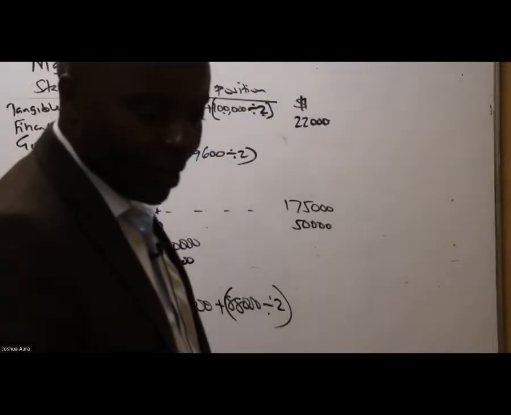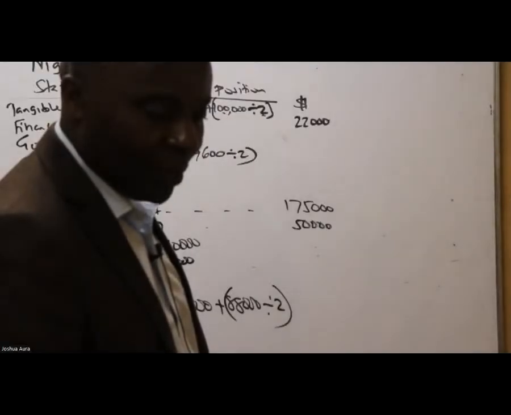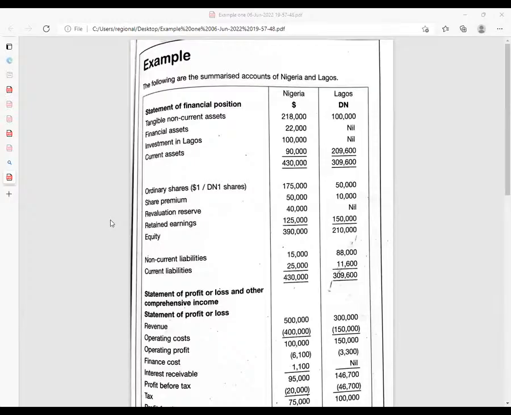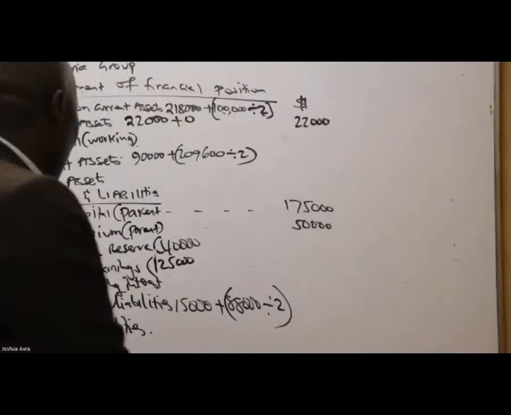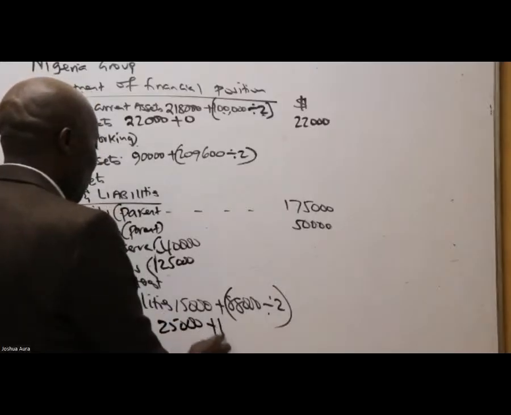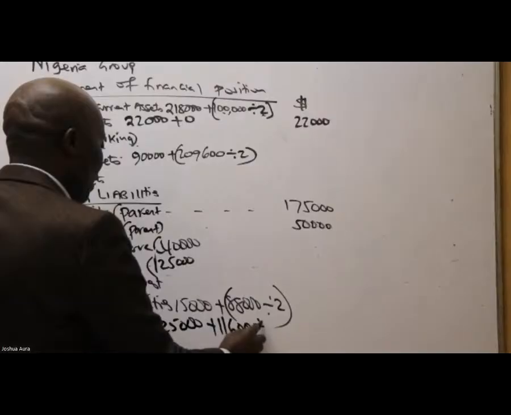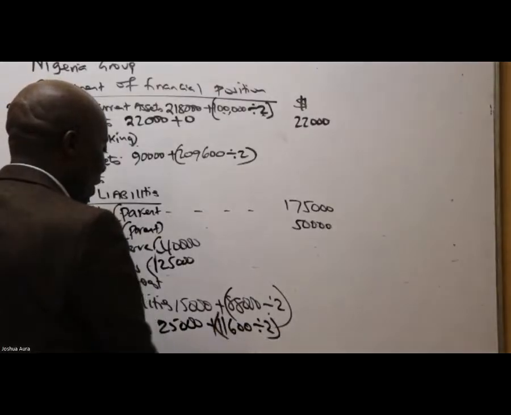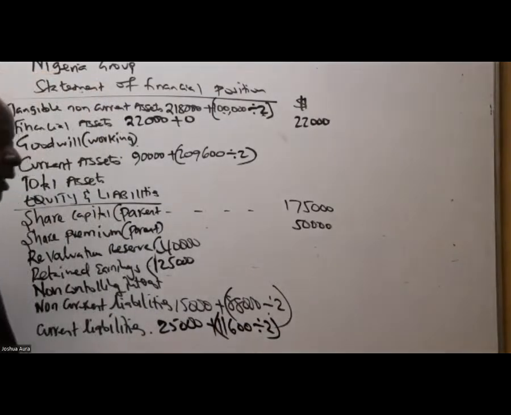Under current liabilities, I can see 25,000 plus 11,600. For purpose of having the same currency, this one has to be retranslated at the closing rate.